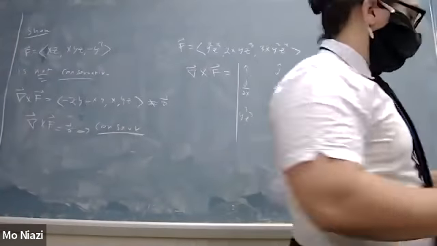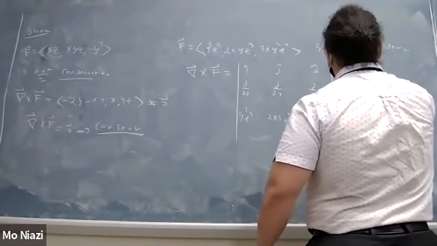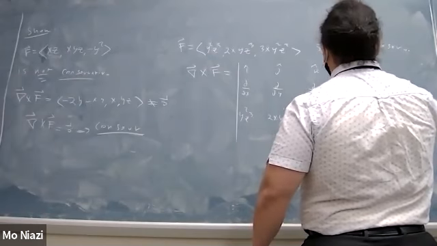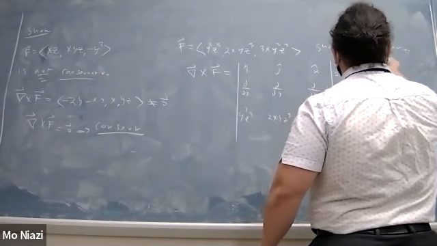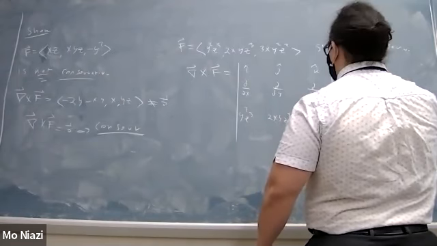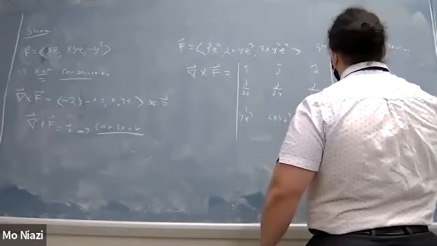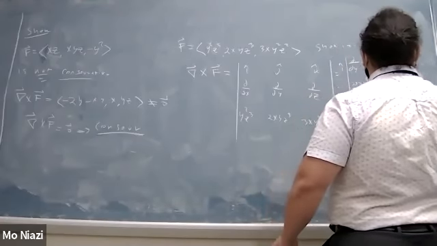And so, what do we get? This becomes i hat times the determinant partial y, partial z, 2xyz cubed, 3xy squared z squared.